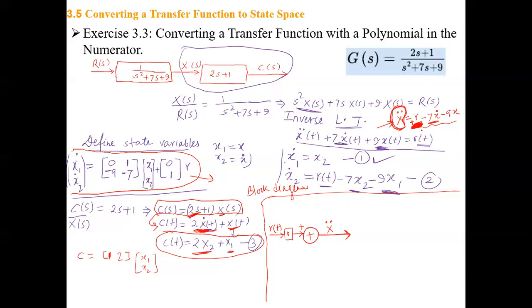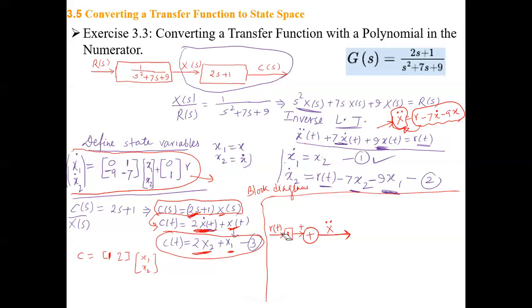So what are the inputs? Your inputs are this guy and this guy. These are the inputs, this is the output, right? There is only one output, obviously. And there are three things you have to add together to get one. This is your final answer. You need to add these all to get the final answer. So X double dot is the final answer.